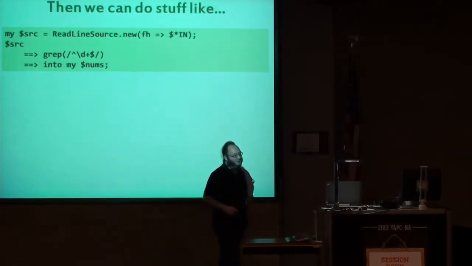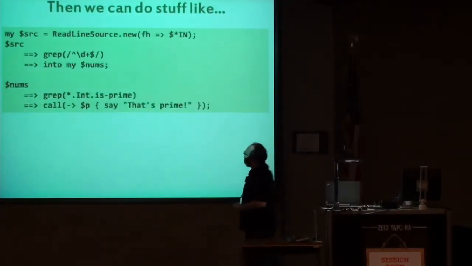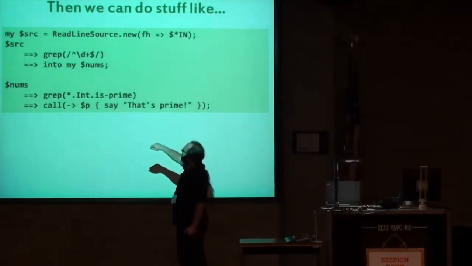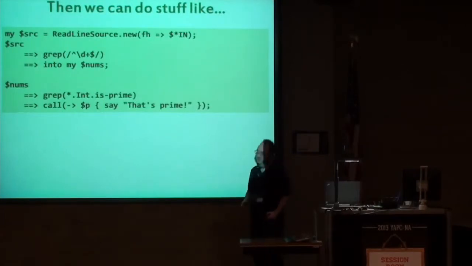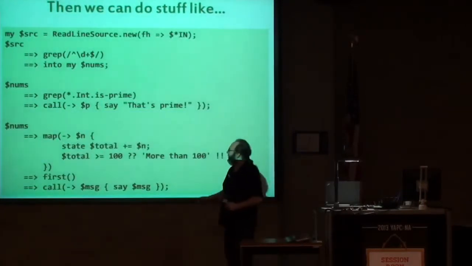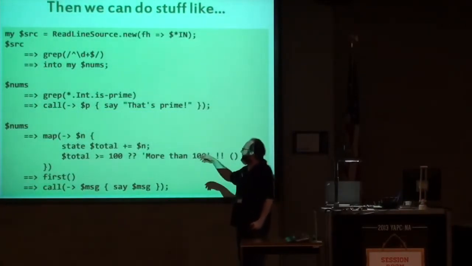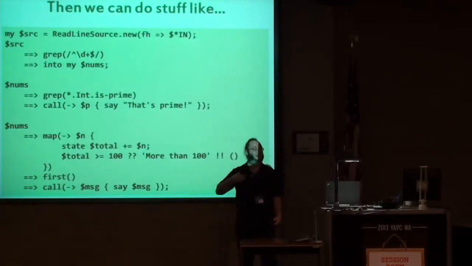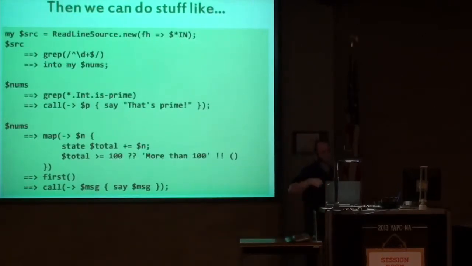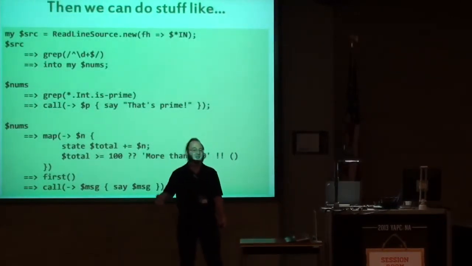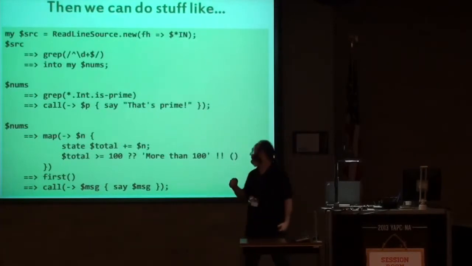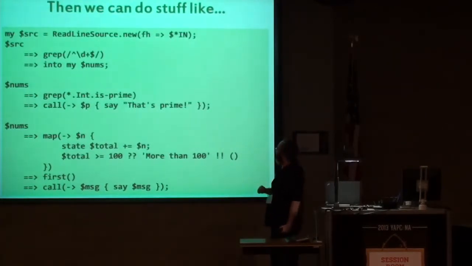I'm putting in nums, and then I can grep out all the prime ones, and stick a call at the end, which says, oh, that's a prime. Or I can map them, and keep count using a state variable, so I can see when I get up to 100 different things. And then I say, I just want the first one. So what it actually does is unsubscribe after it's got one. And then we just call this thing at the end.